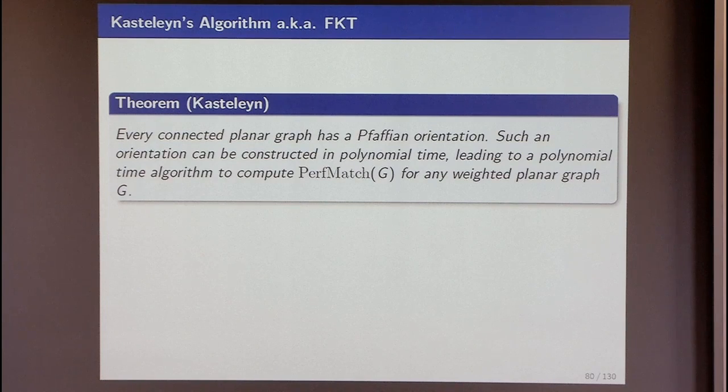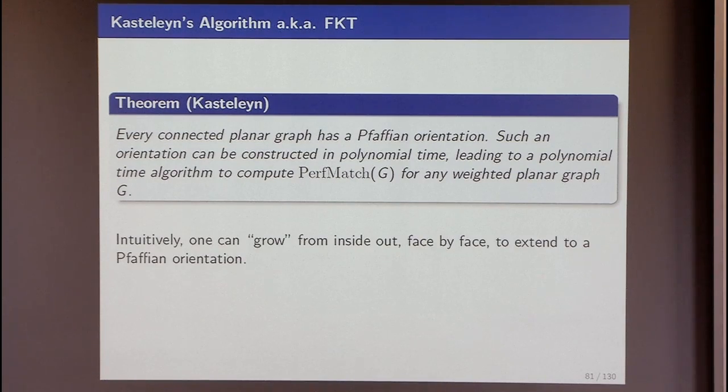And now here's the theorem of Kasteleyn that says that for any connected planar graph, you can assign a Pfaffian orientation, and once you can, I'll come to that later, this Pfaffian orientation can be computed in polynomial time, in fact, faster. And using that, you can compute the number of perfect matchings by the Pfaffian, basically.